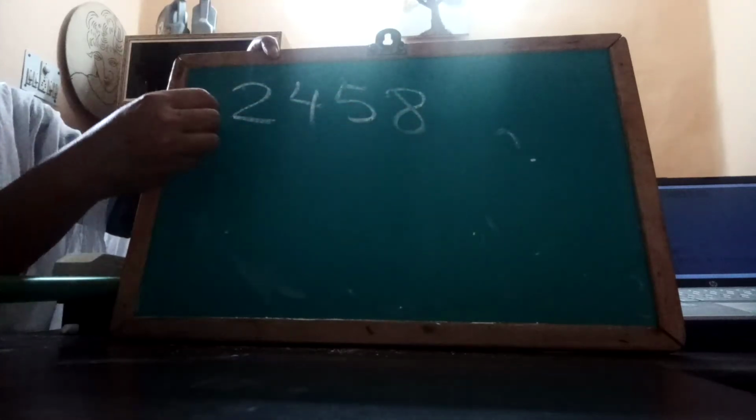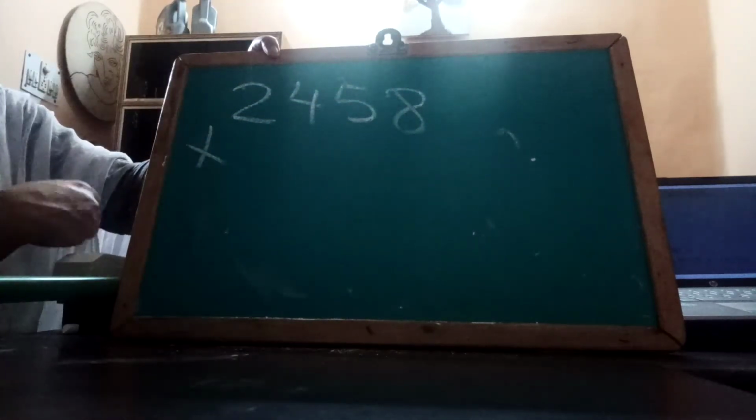Now, for addition, subtraction, what is the basic rule? You must always remember that you have to arrange one number below the other, and you'll start from the right hand side. For example, 2, 4, 5, 8. I want to add a 3-digit number to it.